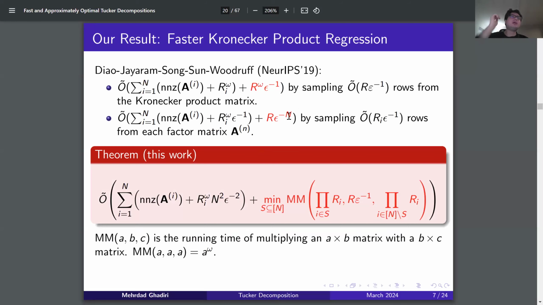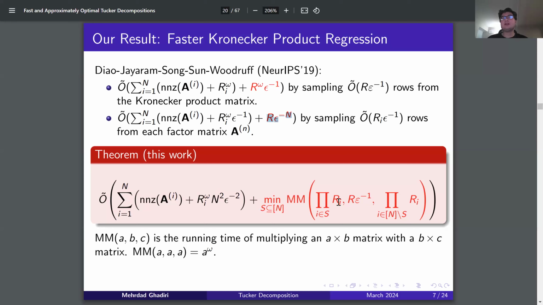Essentially, our result is this. You can solve this in this running time. The first part, again, is lower order terms, it doesn't matter. What is this complicated second term? We have this R over epsilon, which is much better than R over epsilon to the n.